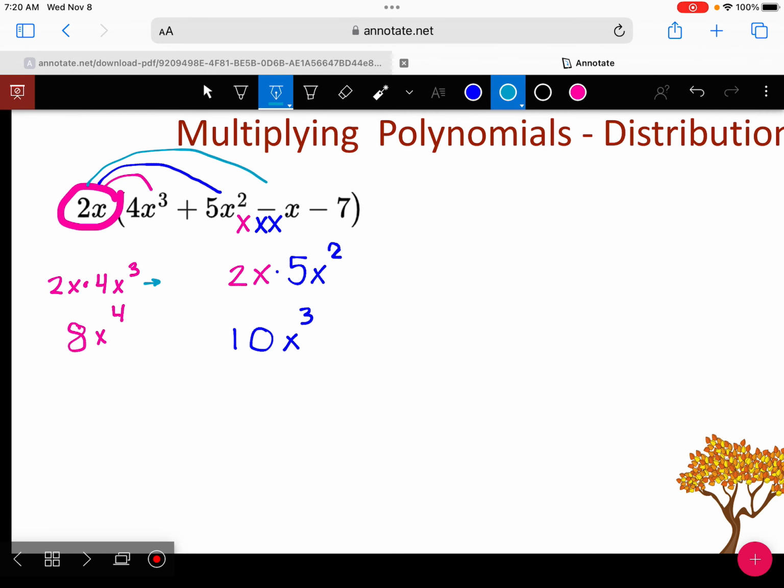Then we're going to take our 2x times our minus x. This one was a plus. So we have 2x times minus x. And what that really is, 2 times negative 1 gives us negative 2. And how many x's do we have there? What's x times x?